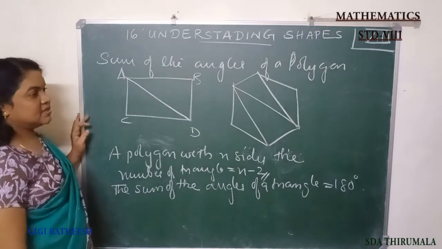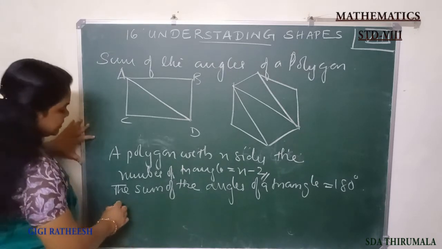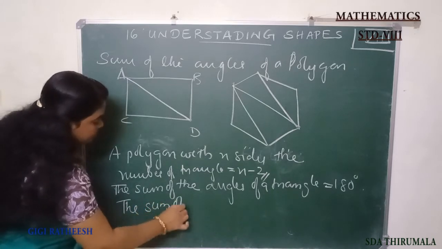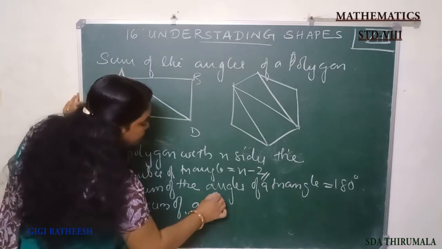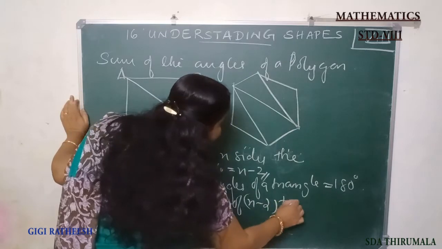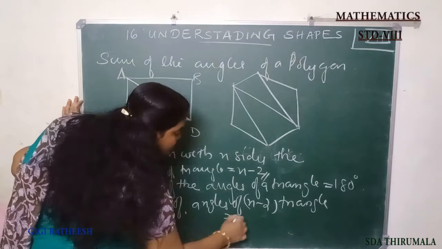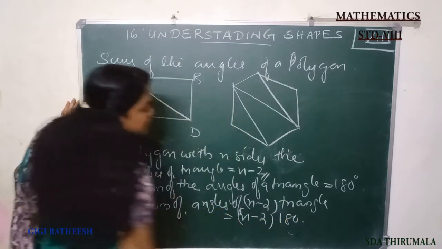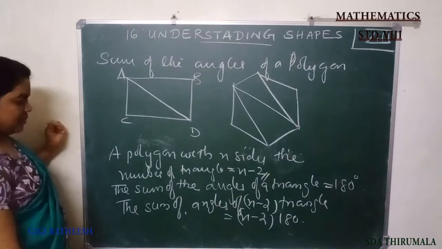And the sum of the angles of n minus 2 triangles is equal to n minus 2 into 180 degrees. And that is the sum of the angles of a polygon.